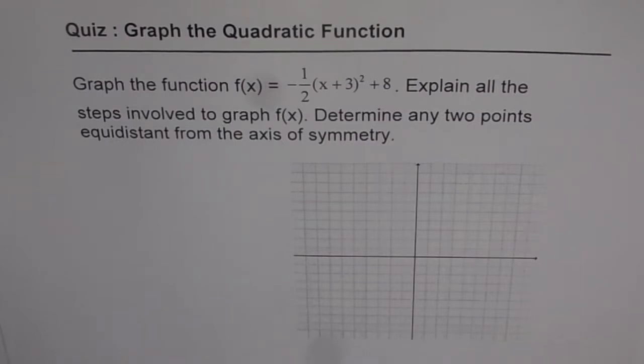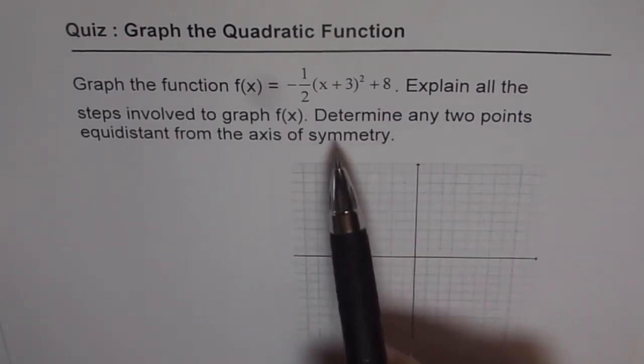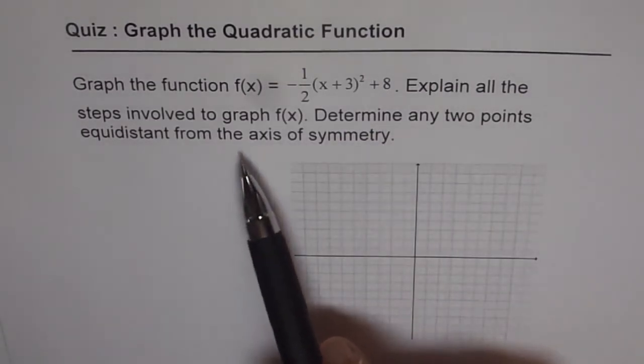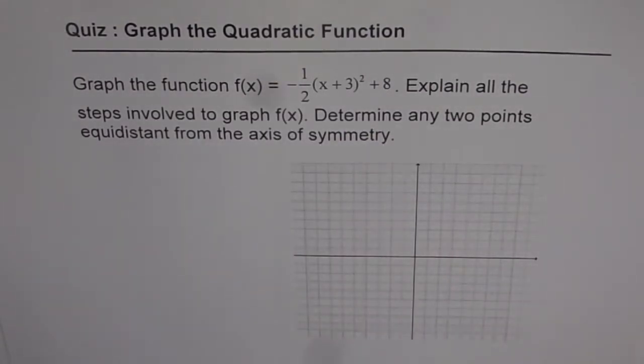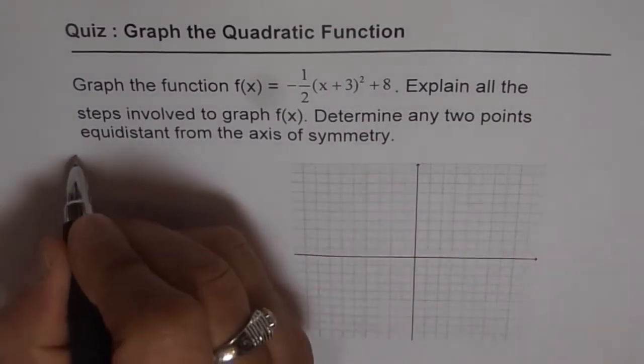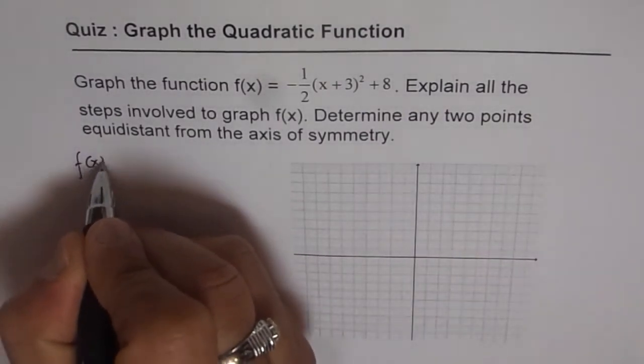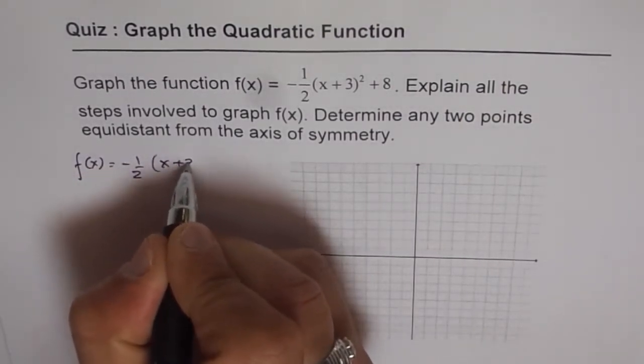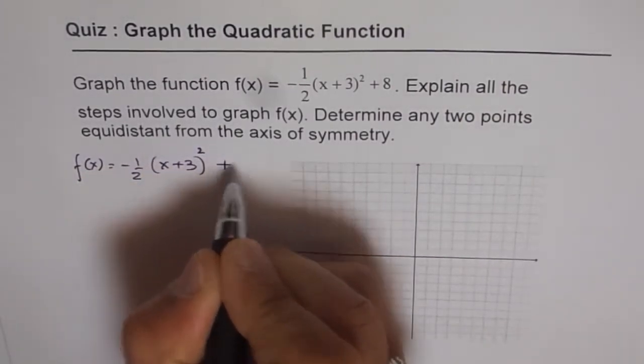Now, normally you'll see this question with only graphing, and this part I've added, which is determine any 2 points equidistant from the axis of symmetry, just to teach you something more about the given function. Now, the function is f of x equals minus half times (x plus 3) whole squared plus 8.